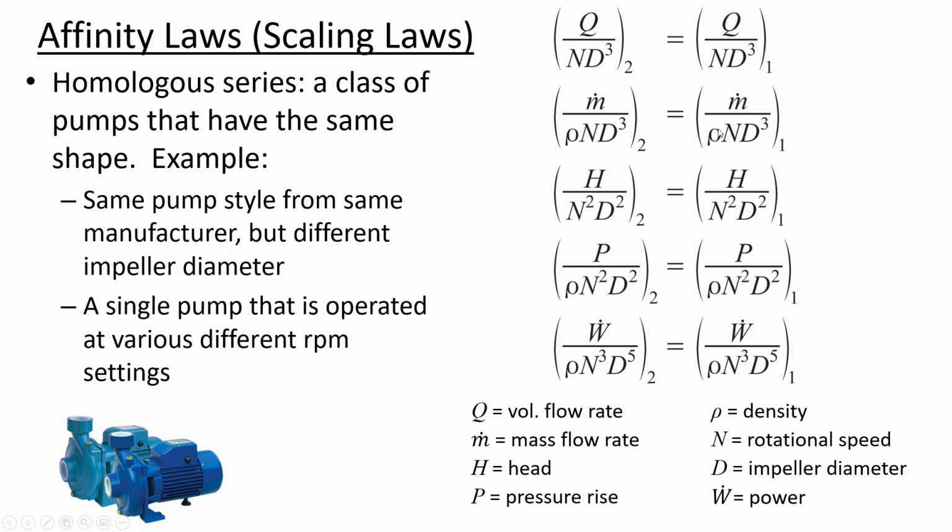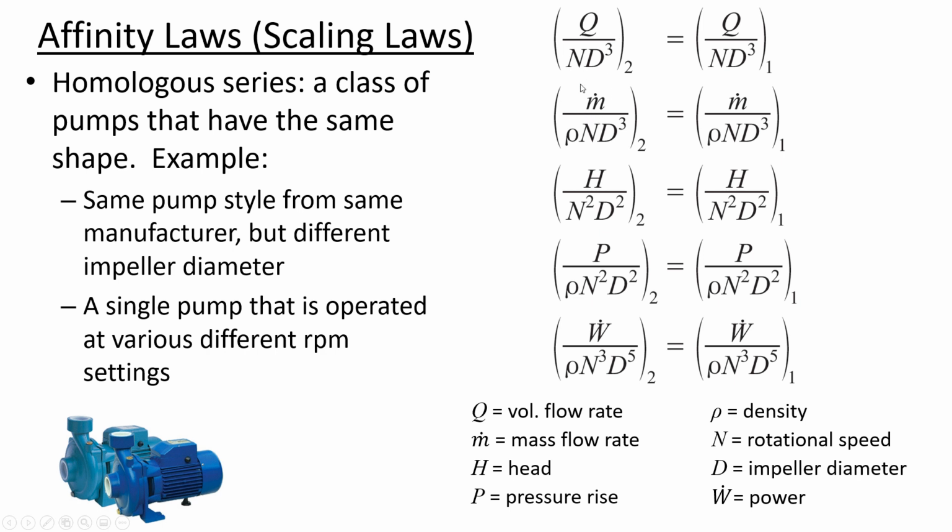And actually you may, just by looking, remember that mass flow rate, m dot, is defined as density times flow rate. And so these first two equations are basically the same, because it's just substituting in the mass flow rate instead of volumetric flow rate. And then if you divide by the density, that's the same as the volumetric flow rate.